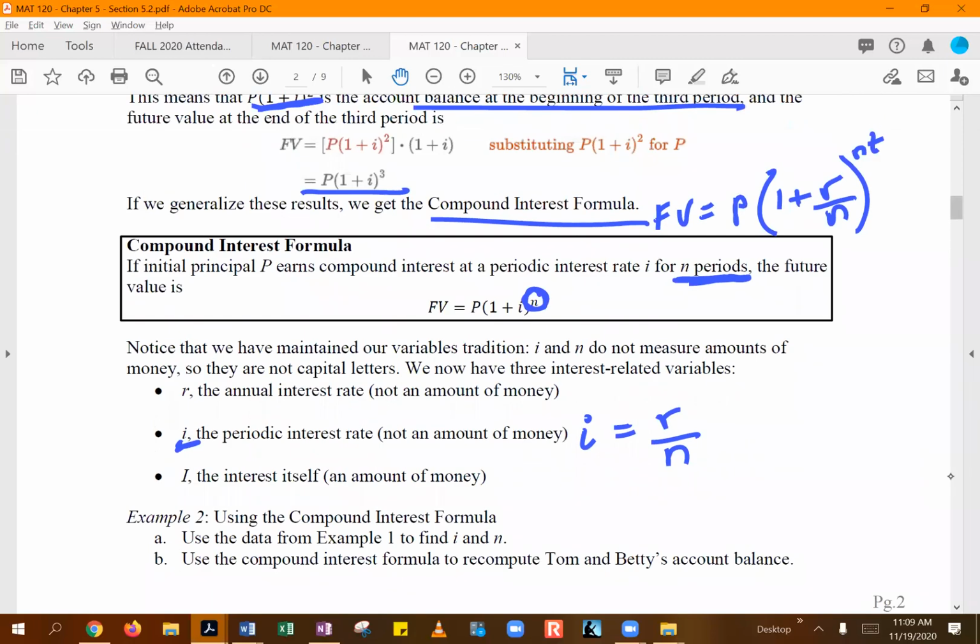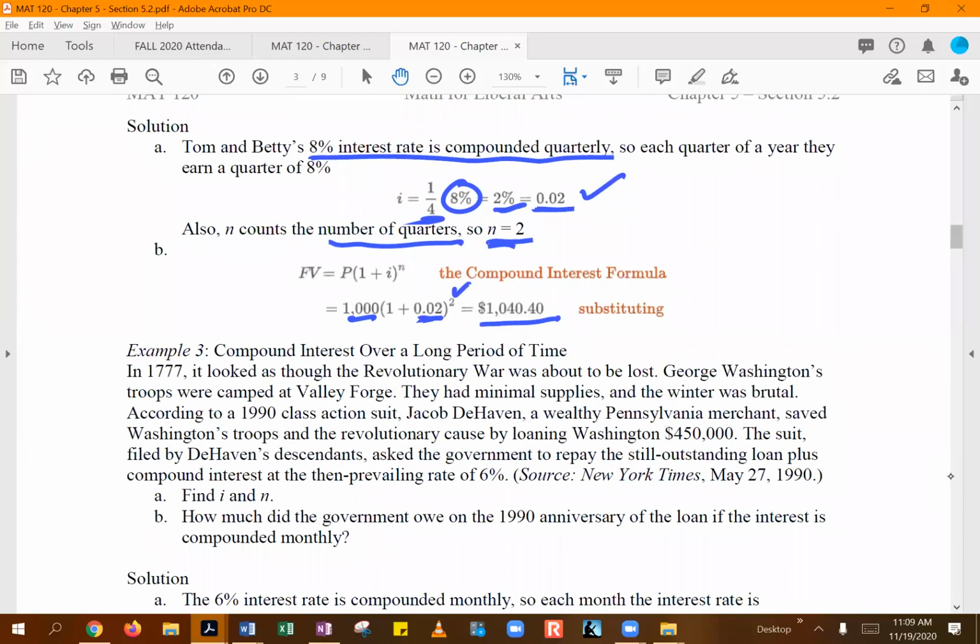Like I said, your textbook is kind of changing it up a bit, but if this is a formula you're familiar with, you can do it that way. If you want to do it the way your textbook is talking about, of course, you can use either of them. They're still going to get you to the same result.